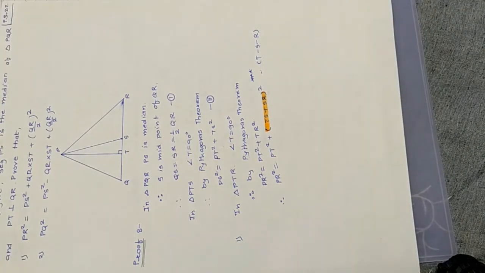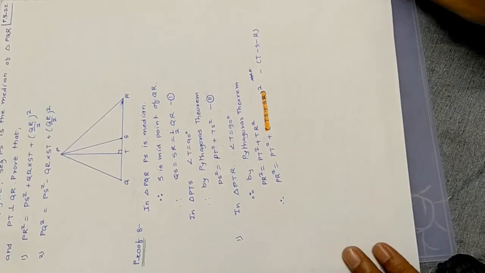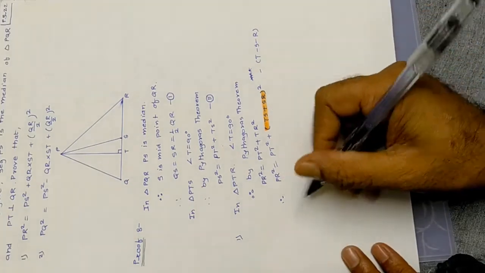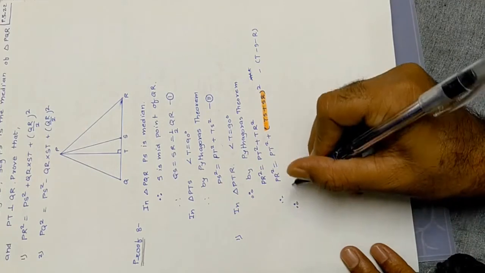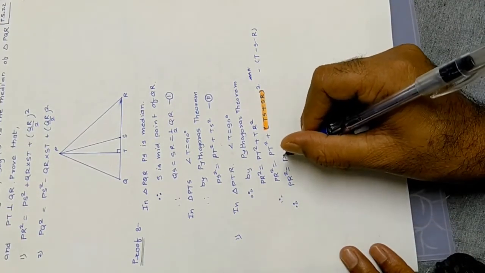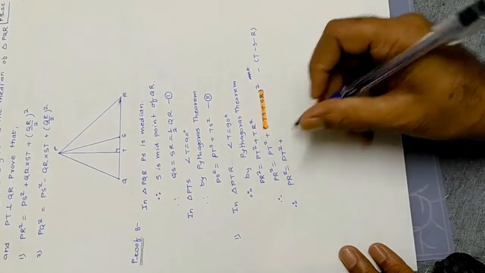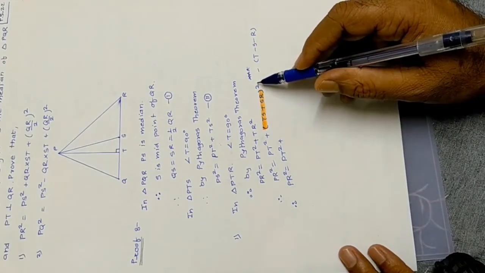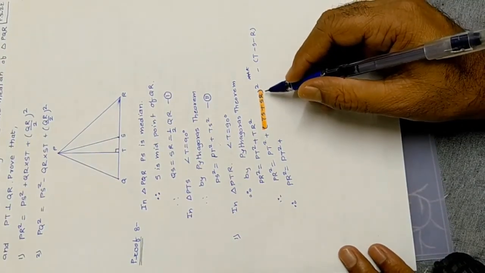Okay. Now next part. What we are going to do? We are going to make square of this. So write down here, therefore again PR square is equal to PT square plus, now this is A plus B the whole square. What is the formula for A plus B the whole square?